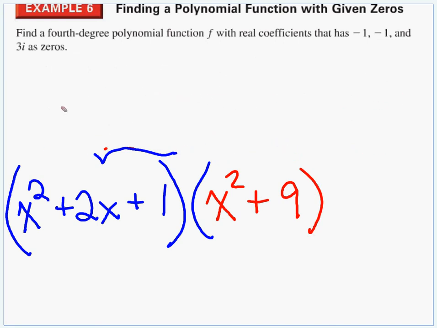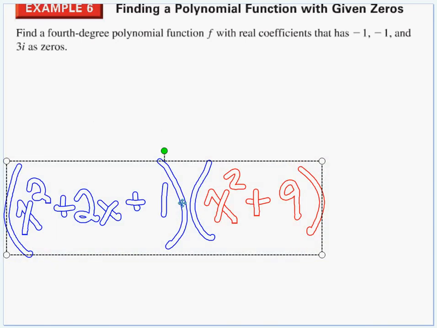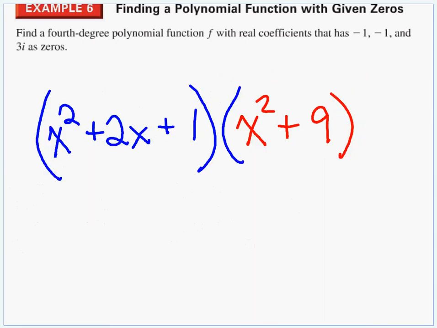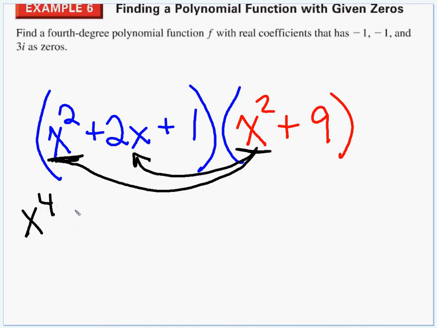Now, this is more than FOILing because it's a 3-termer times a 2-termer. And I'm sort of going to work right to left. So I'm going to multiply the x squared times x squared. There's my x to the 4th. X squared times 2x is 2x cubed. X squared times 1 is just x squared.